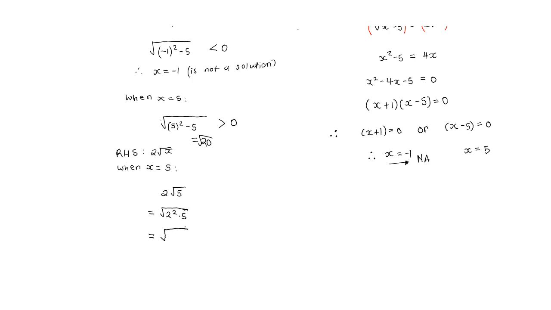Now when you simplify on the inside, this is 4 times 5, and 4 times 5 is 20. So when x is equal to 5, the left hand side is equal to the right hand side, and 5 does not result in a negative underneath the square root in both situations, so this is our solution. Therefore, x is equal to 5 only.